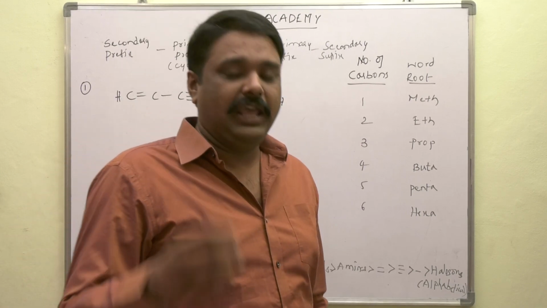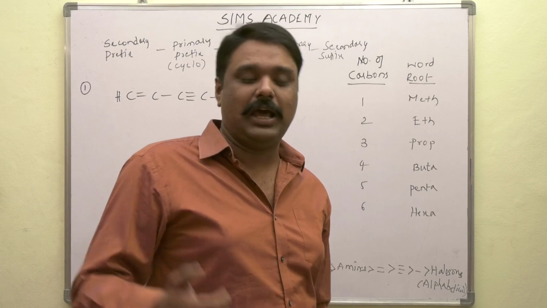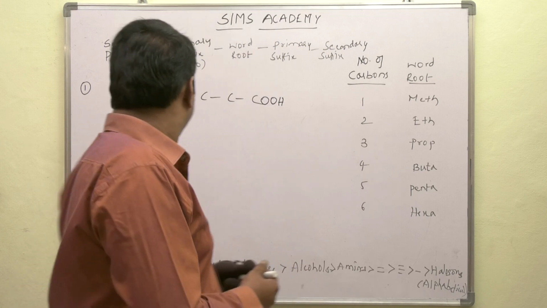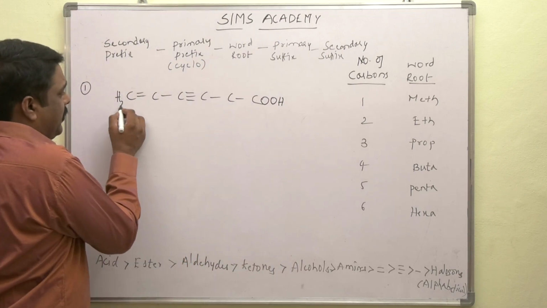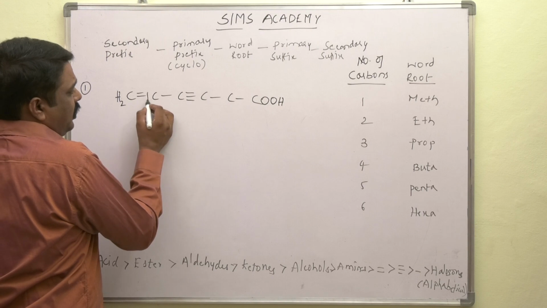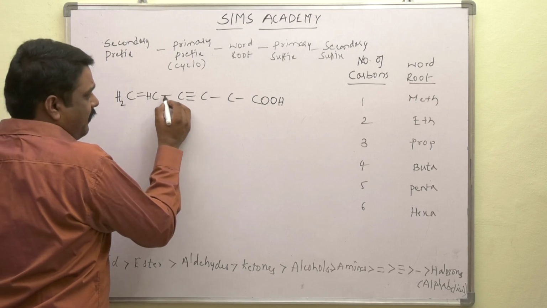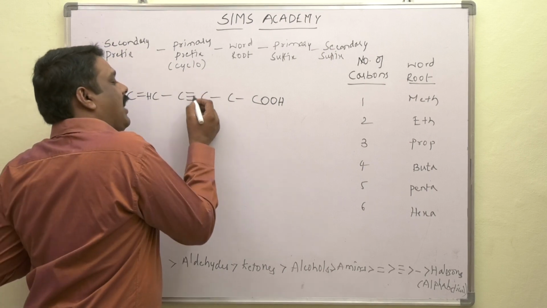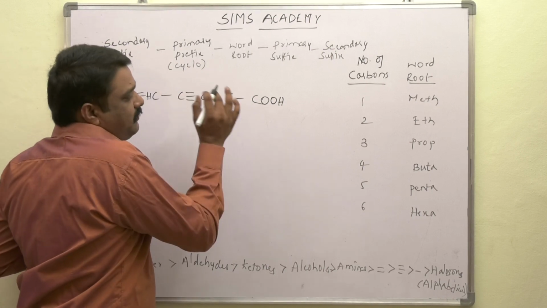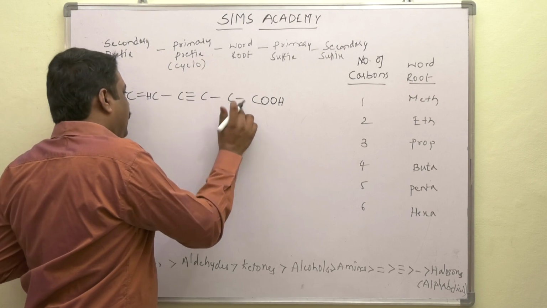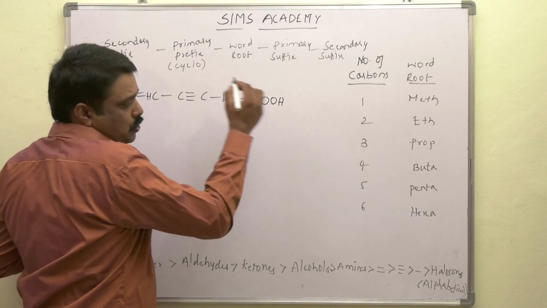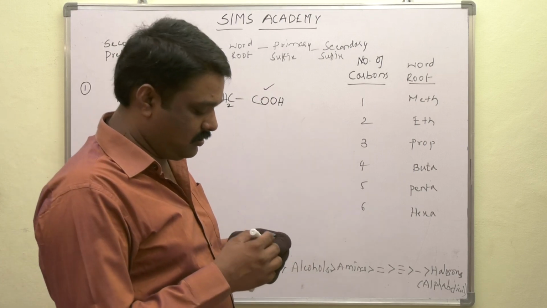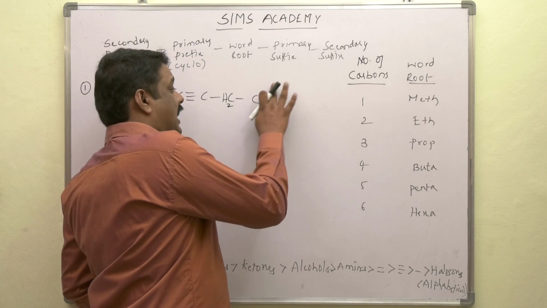We need to check: if it has only 2 bonds with other carbon atoms, then the remaining 2 bonds will be filled with hydrogens. 1, 2, remaining 2 with hydrogens. 1, 2, 3, only 1 hydrogen. This carbon 1, 2, 3, 4 is satisfied with its valency. This is also satisfied. For this carbon, 2 are remaining, and those will be filled with hydrogens. And this is the acid group.